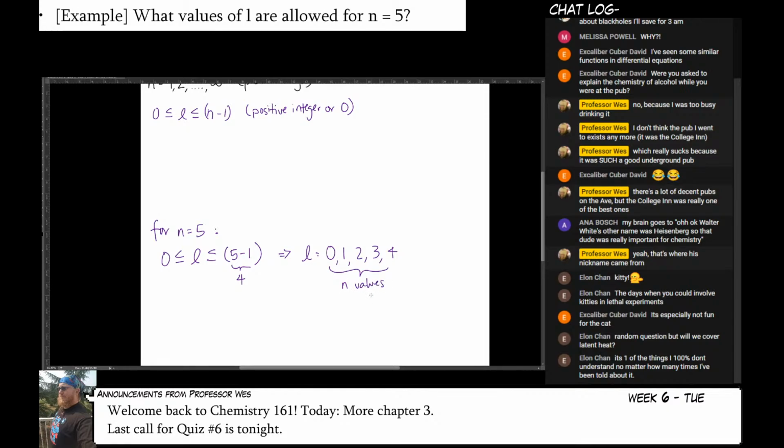Notice that there are n values possible. That will always be true. For any given n, you should have n possible values for L. The number of values corresponds to the number of sublevels.